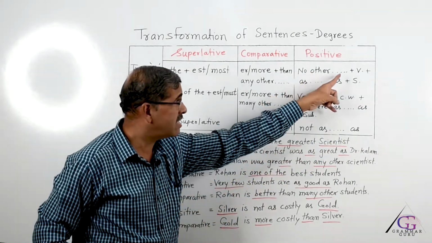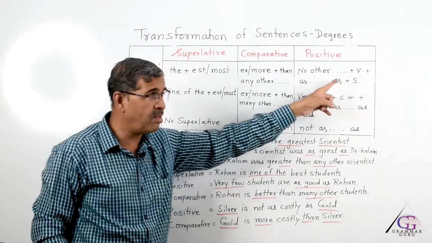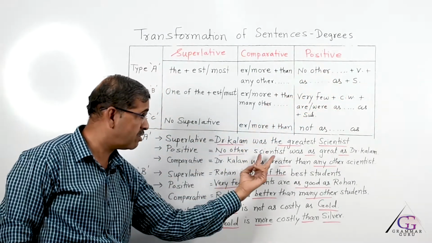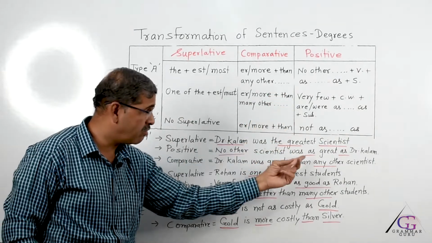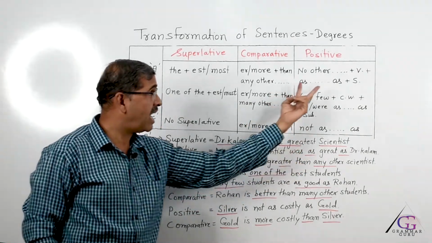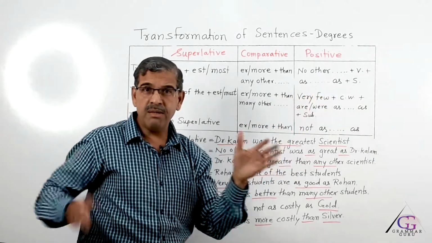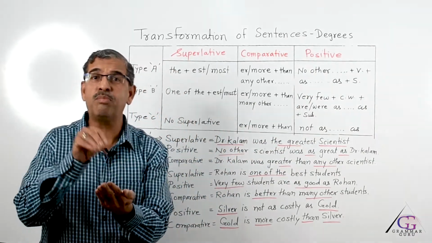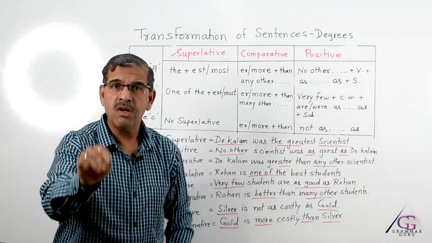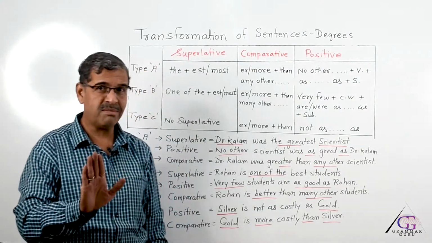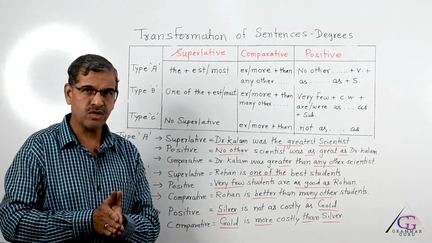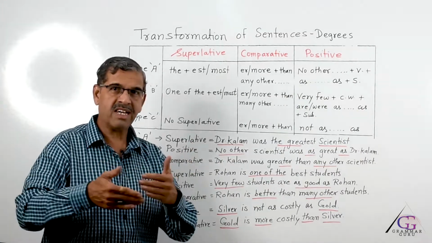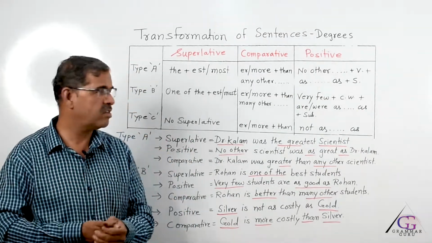So no other scientist. Look at the formula table. In the fill in the blanks, we have used the word scientist. So we say no other scientist, then followed by the verb was, then as dash dash as. In between, we have to use the positive form of the adjective. Do not make a mistake over here. So we must learn three forms of adjectives also. If possible, I will make another short video to explain all three forms.